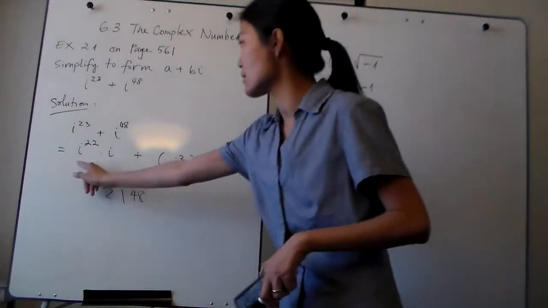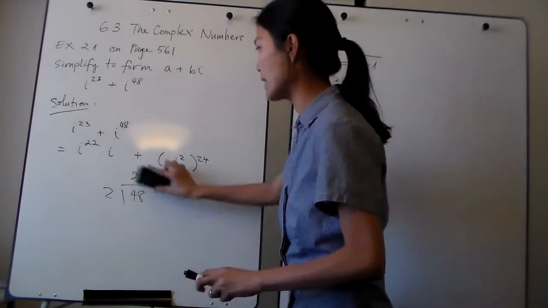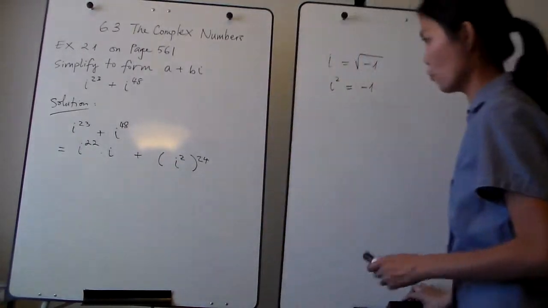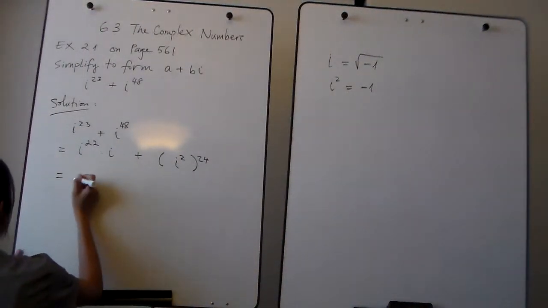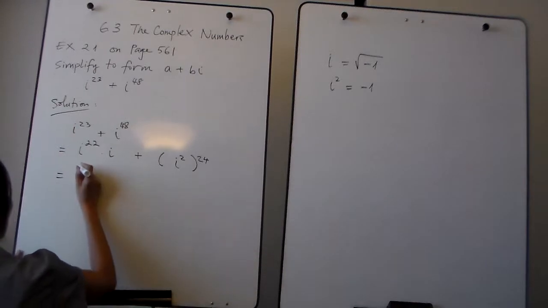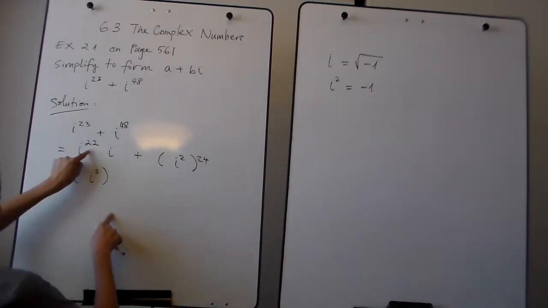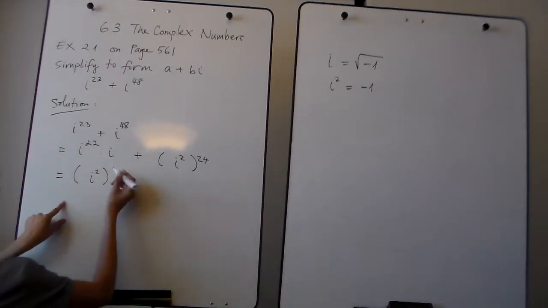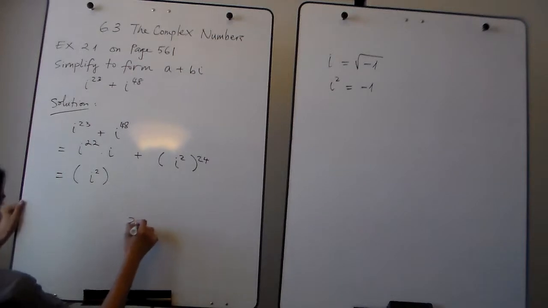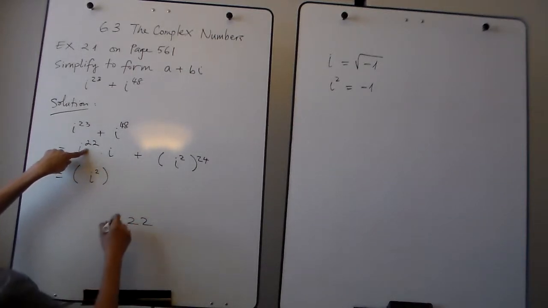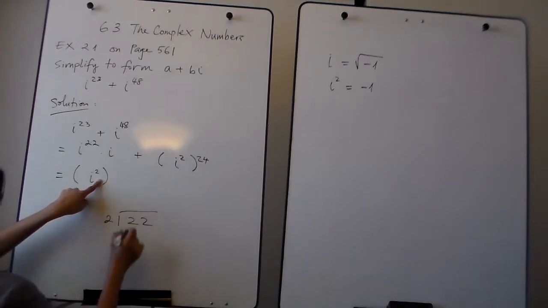Now, with the i to the 22nd, we will follow the same procedure as with i to the 48th. We will rewrite i to the 22nd in terms of i squared. Because we're given 22, think about 2 times what is equal to 22, or take the original exponent 22 and divide by 2, you get 11.